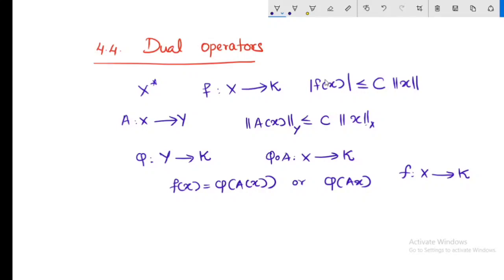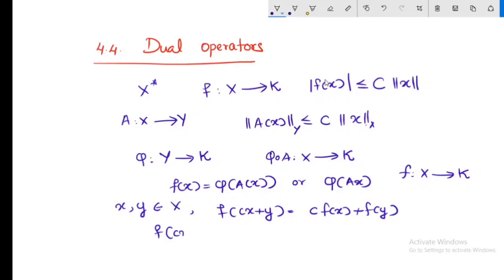Choose some x, y belonging to X, and we have to prove that f of cx plus y is equal to c into f of x plus f of y. Clear? Now what is actually f of cx plus y? By definition, f of cx plus y is equal to phi of A of cx plus y.